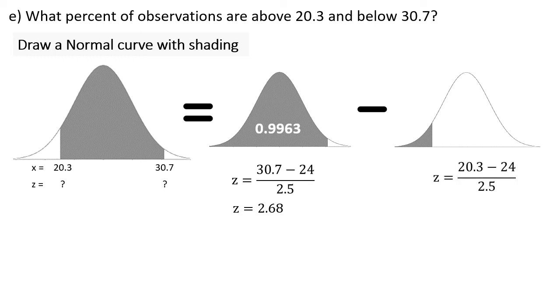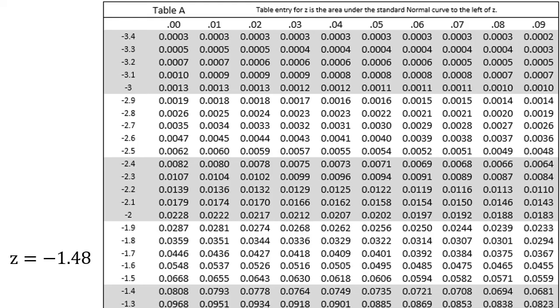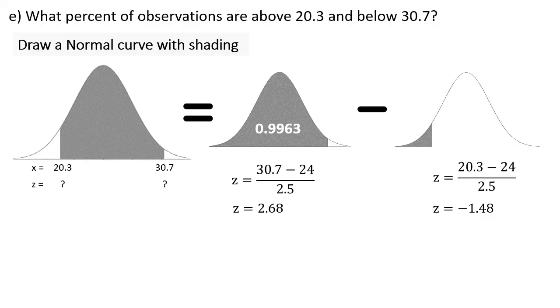So let's find its z-score. For the 20.3, that's negative 1.48. So now we go into the negative side of the z-table, and negative 1.48 is at the top and the intersection. That's the area to the left on the next normal curve.